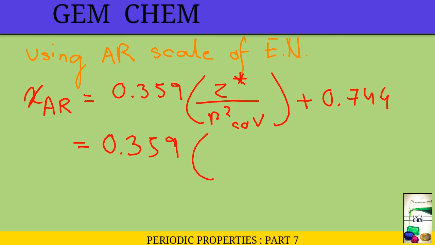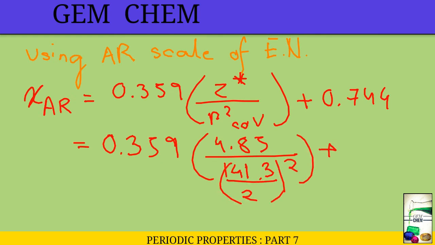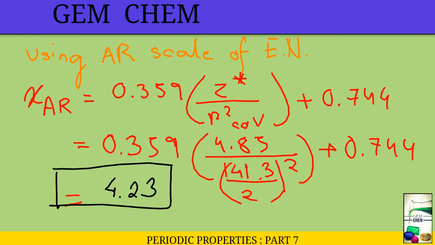So Z star comes to be 4.85, and this one will be half of the diameter, that is 141.3 divided by 2 whole square, plus 0.744, and this comes to be nearly equal to, on calculating, 4.23, and this is the electronegativity of F in F2.